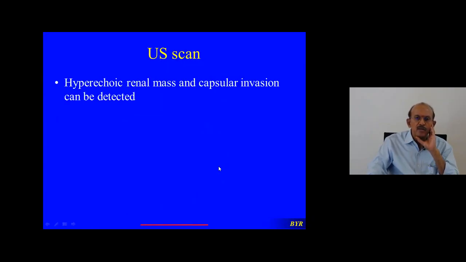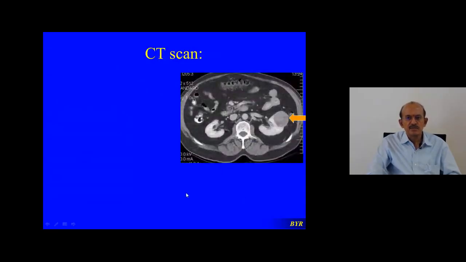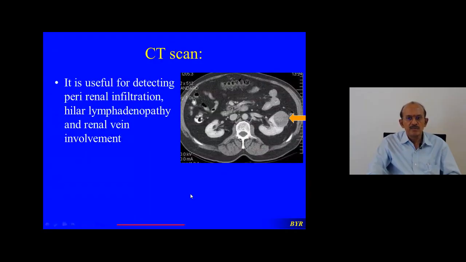Ultrasound scan, you will find a hyperechoic renal mass and capsular invasion can be evaluated. CT scan is useful for detecting perirenal infiltration, hilar lymphadenopathy, and renal vein involvement with thrombus.